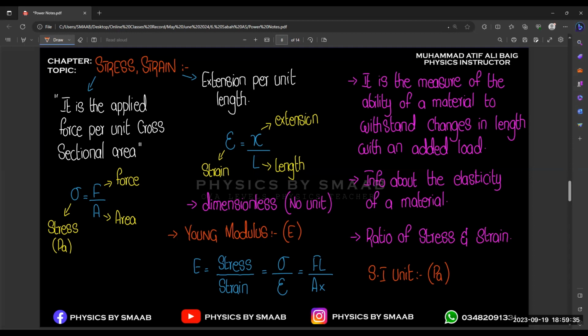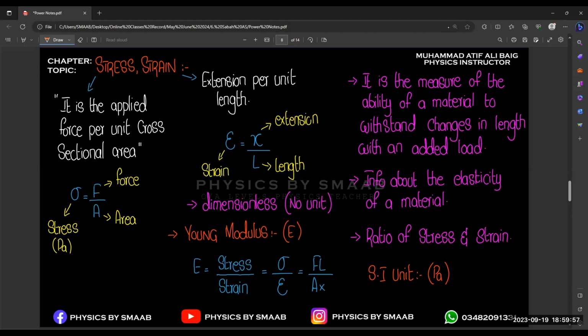Stress is like the independent quantity: if we apply the stress, then there will be a quantity of strain. So it's up to you whether you place a quantity on the x-axis or y-axis. It is just like the graph of Hooke's law, the same graph.